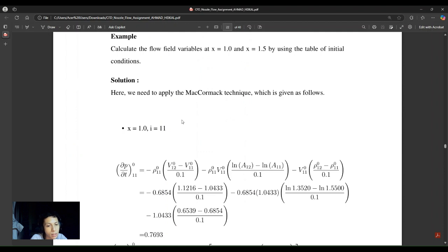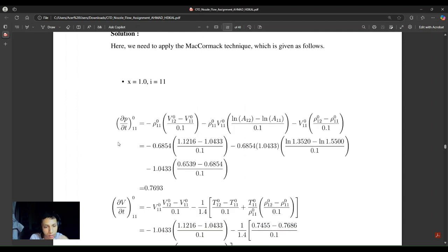So let's dive into the MacCormack technique illustration. In this case, this is the correct steps for the density. You might have noticed that I have some mistype here. This is supposed to be density, del rho or del p at i equals 11 at time t equals 0.